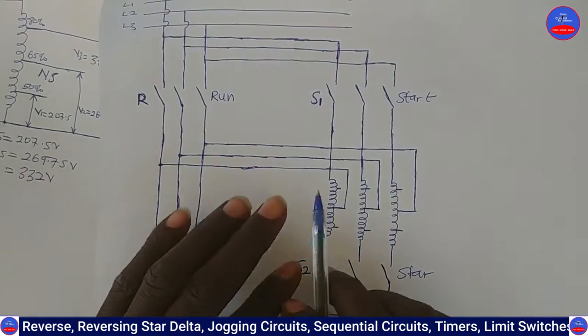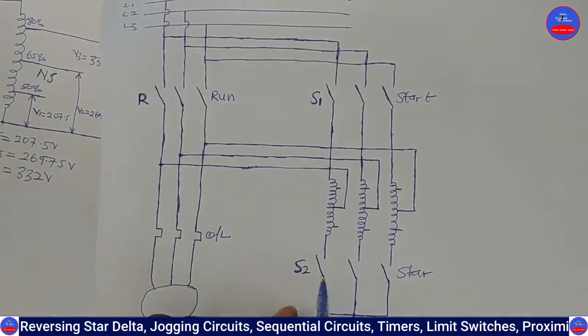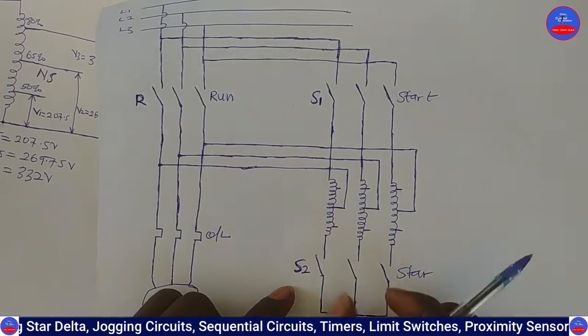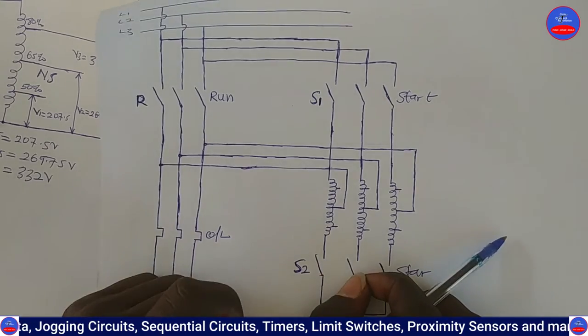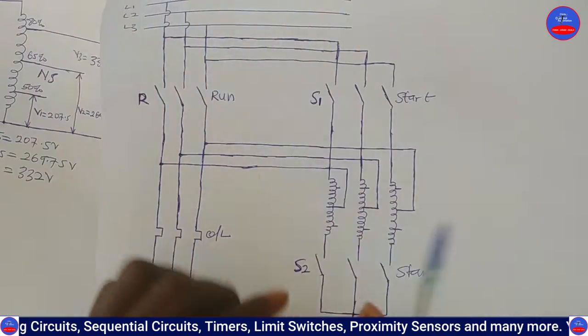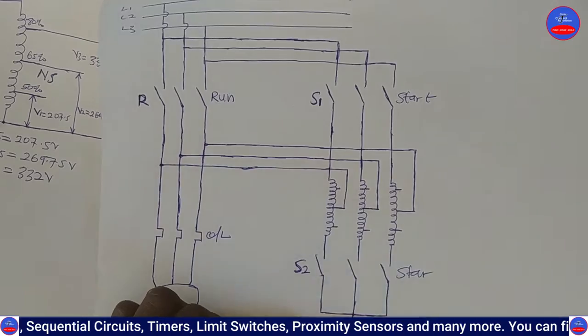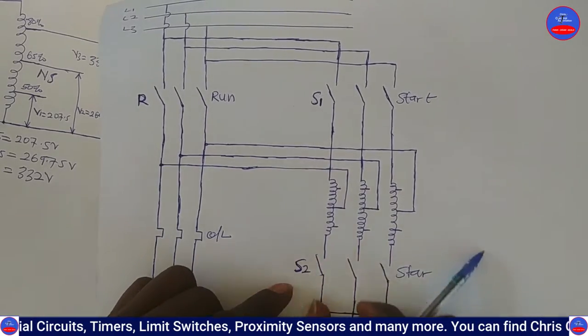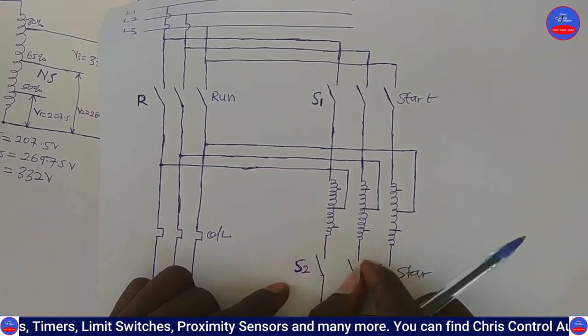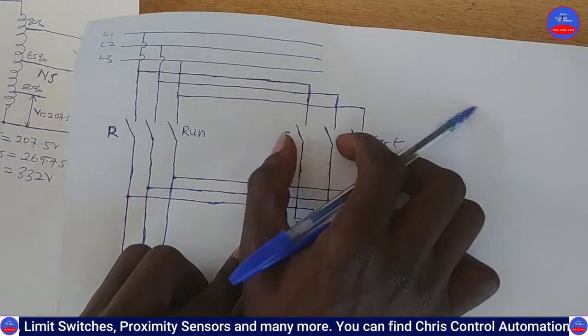Now when you press on the start push button, the star contactor will energize first, but it is very fast. It will energize, then it will start this side together, to join them together, and at the same time this side will also close.